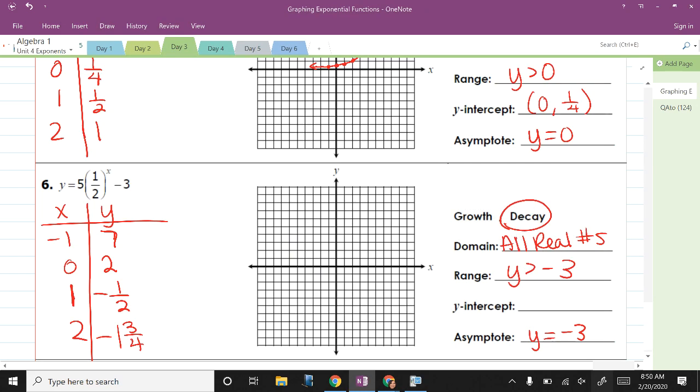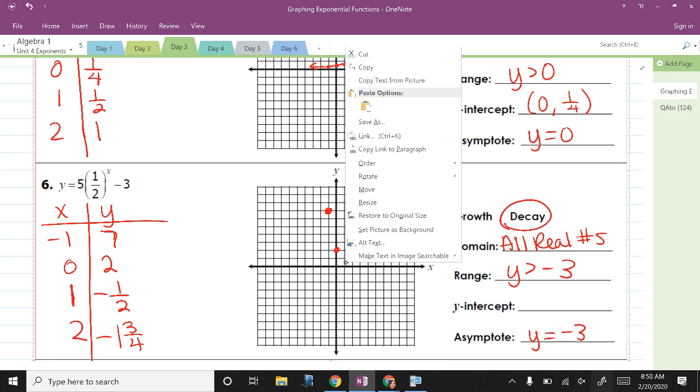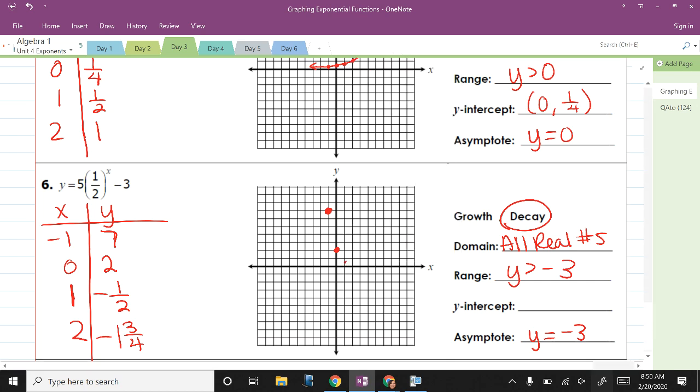Okay. So graph those. Left one, up 7. We already said this is going to decay, so it should go down from left to right. 0, 2. 1, -1/2. 2, -1/2, Miss Isabel. That's below the x-axis, isn't it? And then -1 3/4.